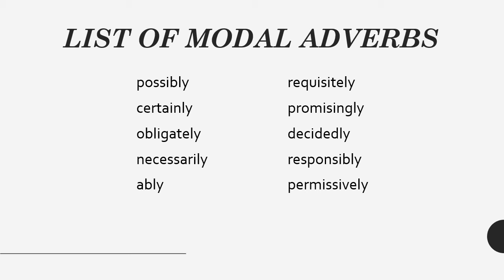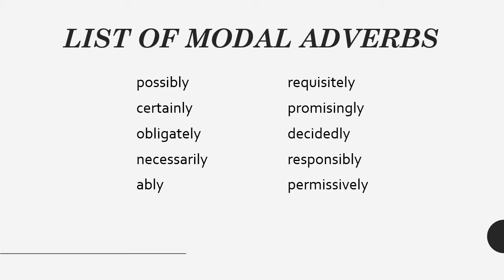For example, in our list of modal nouns, the first example is possibility. Right? The word possible was given the ty ending because what we were discussing at that time was modal nouns.